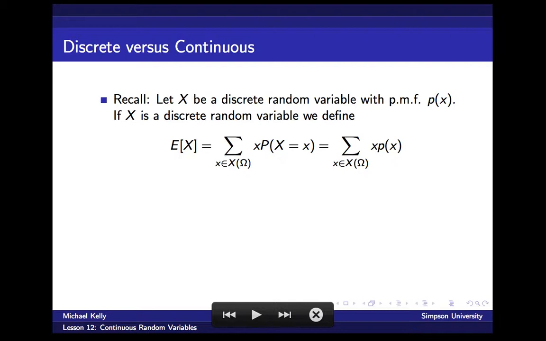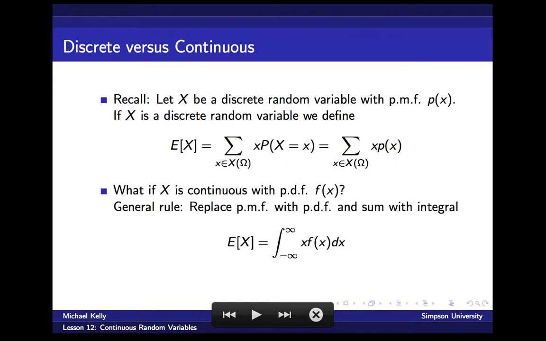If you think about what happens whenever you go from discrete to continuous, a sum becomes an integral, and then the PMF is going to become the p.d.f. So this is how you define the expected value of a continuous random variable. We get the integral from negative infinity to infinity of x times f of x dx, which looks very similar to our sum above of the sum of x times p of x.